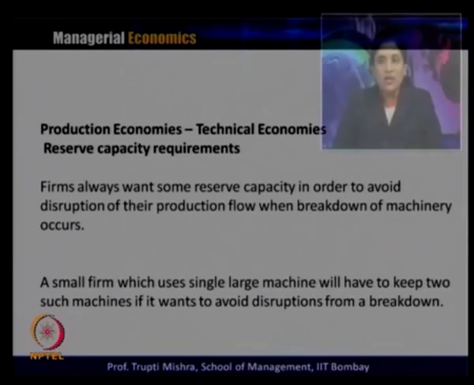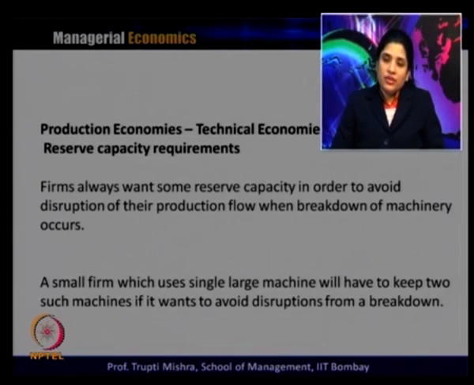The reserve capacity is generally kept because in case of machine breakdown, in case of a labor force strike, in case of any eventuality, at least the flow of the goods and services should go to the market, and that is how all the firms keep some amount of the capacity as reserve, and we will see how the economies of scale is generated from the reserve capacity requirement.